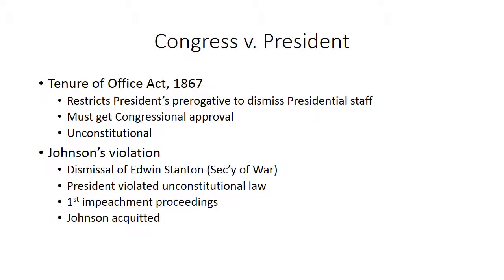Johnson will ultimately be acquitted by a narrow margin. And see, what Congress is thinking, it makes perfect sense what Congress is thinking. On two previous occasions, the Military Reconstruction Act and the Civil Rights Act, okay, Congress has amassed 2/3 in opposition to Johnson. That's how they overrode his veto.